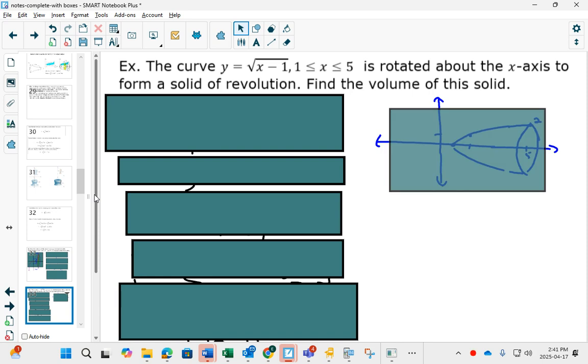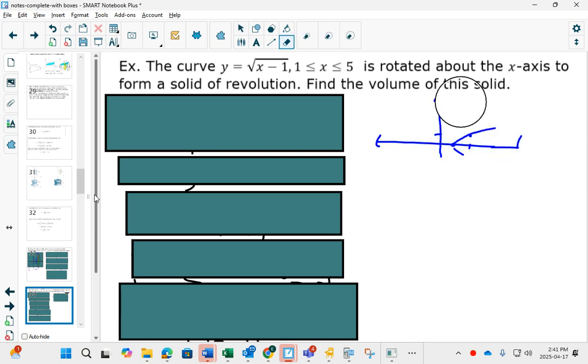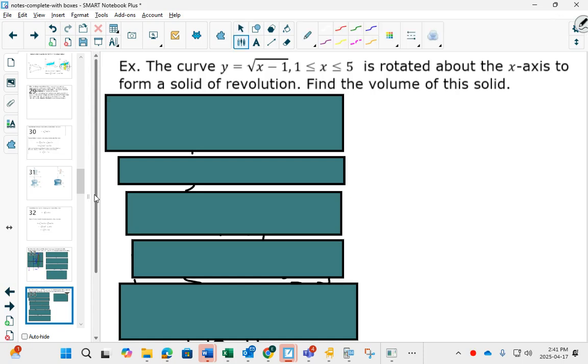Again, I'll draw it from scratch. I like this one. It looks like a half football, or maybe buying a big chunk of ham from the grocery store. I'll color it like a ham so you can get that vision. So I start by drawing the graph of the square root of x minus 1, which looks like this.